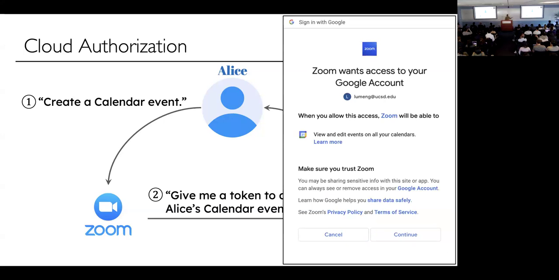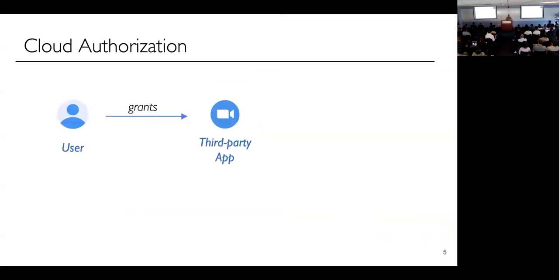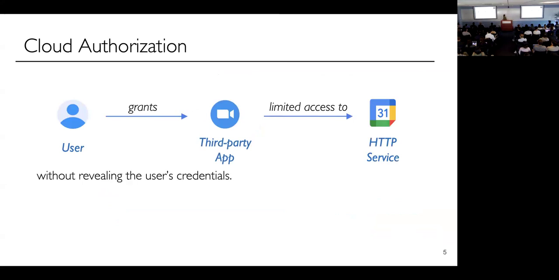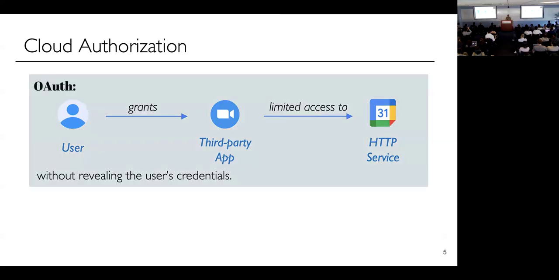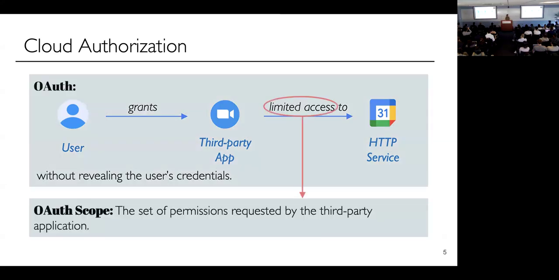In OAuth, you may have seen the screen. You're going to see this pop up, and it's going to say Zoom wants to access your Google account. Do you agree or not? That is what this cloud authorization is doing. The user is going to grant access to this third-party app, and that access is going to be limited in some sense, without revealing the user's credentials.